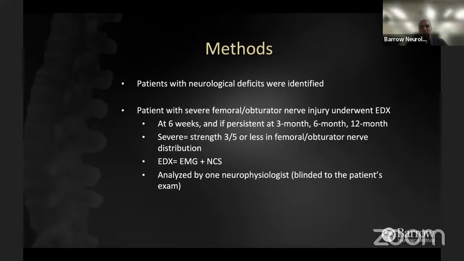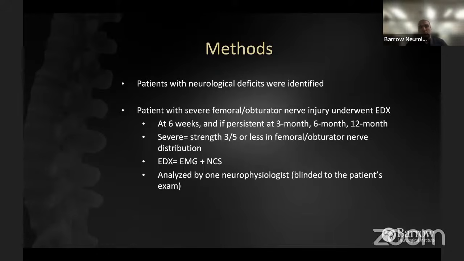Those who had a severe femoral and/or obturator nerve injury underwent electrodiagnostics with the following criteria. At 6 weeks, if the injury had resolved, there was no further electrodiagnostics, but that's the first time point that electrodiagnostics would be obtained. If the weakness persisted, it was repeated at 3 months, 6 months, and 12 months.